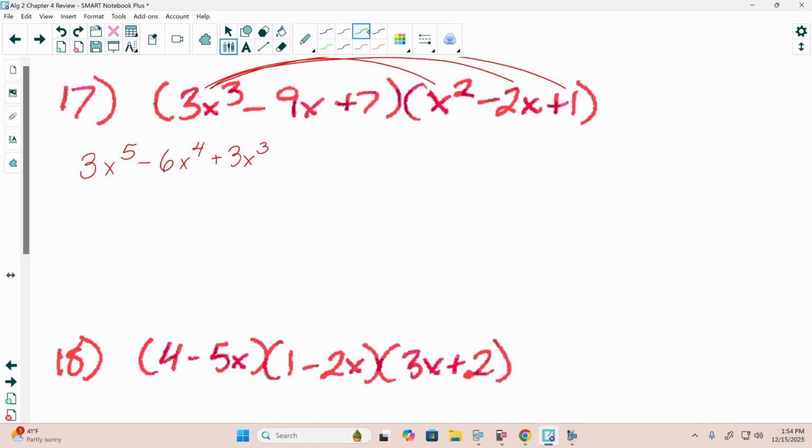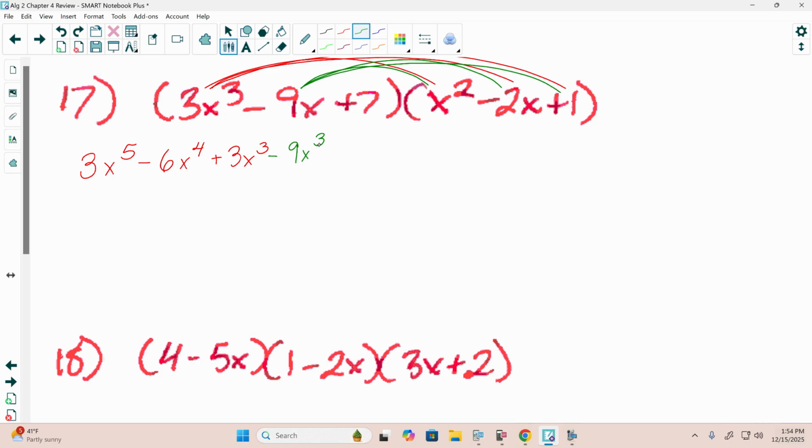And now that we've multiplied each of the terms in the second expression by 3x cubed, we do it again, but this time with negative 9x. So we're going to do negative 9x times x squared. That would give us negative 9x cubed, because negative 9 times 1 is negative 9. X times x squared is going to give us that x cubed.